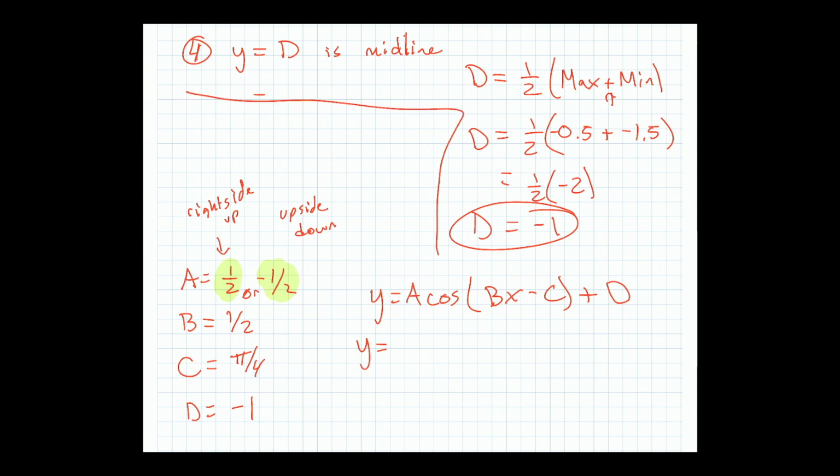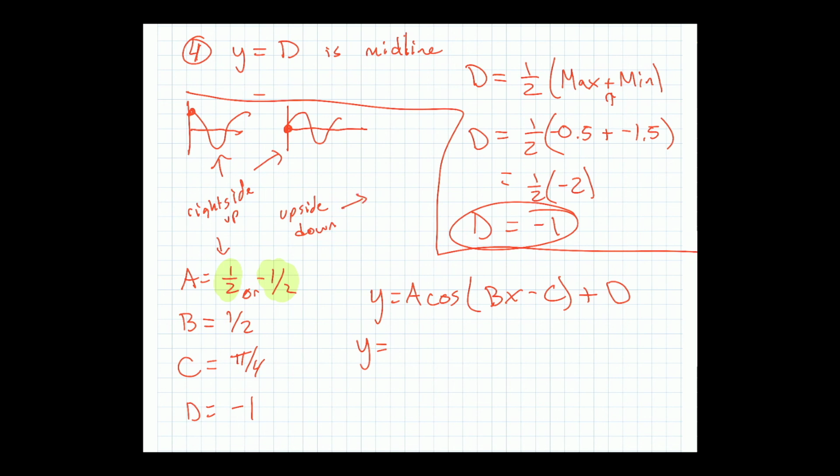Like a sine normally starts at 0, 0 and goes up, right? That would be right side up. And a cosine normally starts up at the top and goes down, right? This is what right side up looks like for a sine and a cosine.